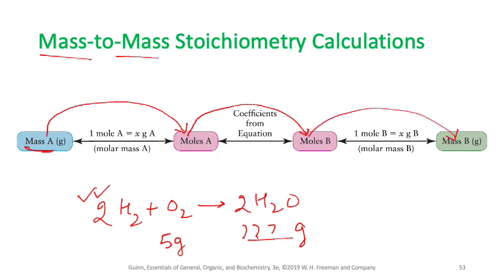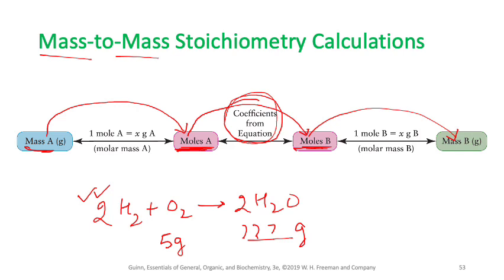Remember this, the most important thing is moles to moles, and it always comes from the chemical equation. We'll do some problems that will help you understand much better than just seeing this formula.